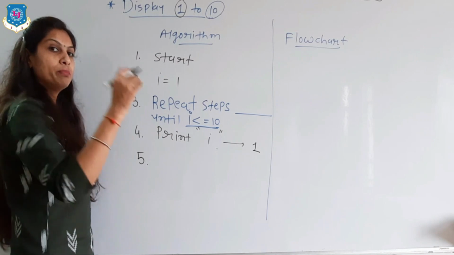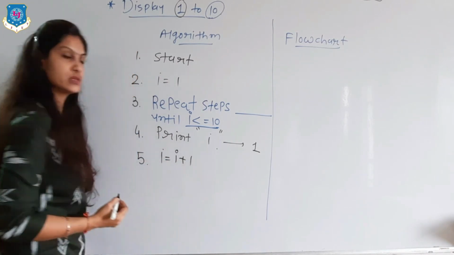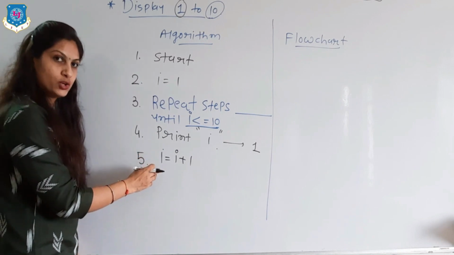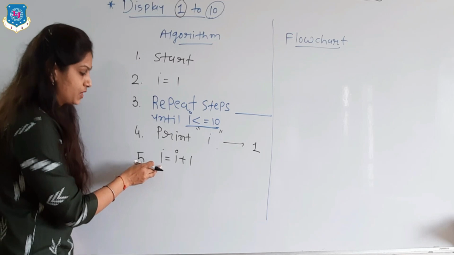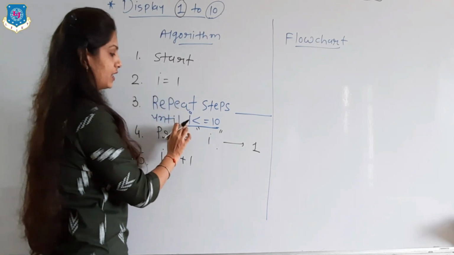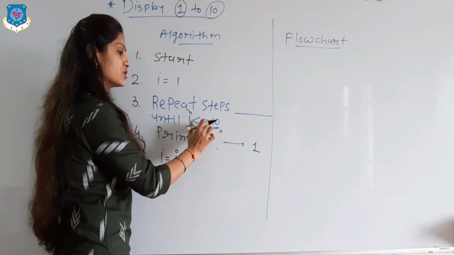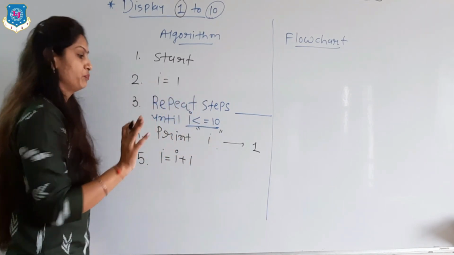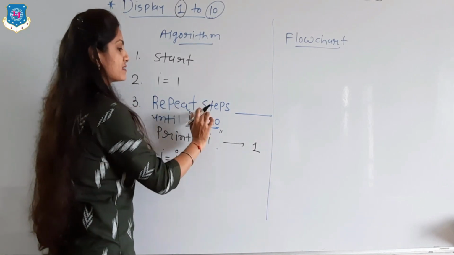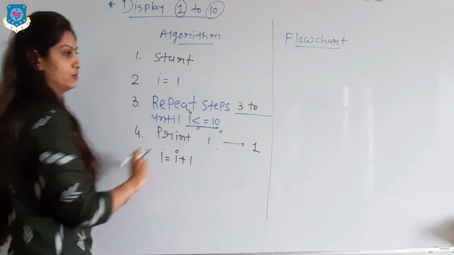Now what do we have to do? Print 2, and for that we have to find I equals I plus 1, that is nothing but a calculation. I now becomes 2, and now we have to check again: is 2 less than 10? If the condition is true, then and only then we have to repeat steps, otherwise no. So repeat steps, how many? 3 to 5.